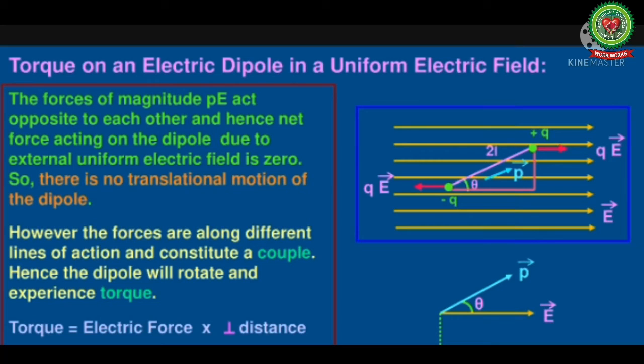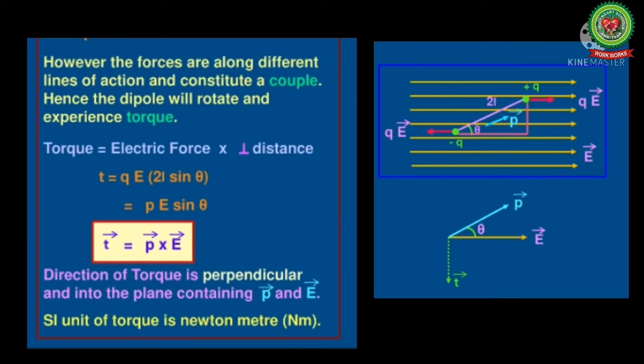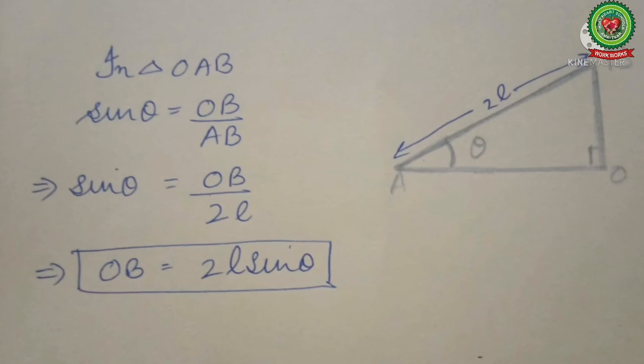Now let's see how we have got this value. Consider the triangle OAB. Now children, sine theta equal to OB over AB. So OB is equal to AB sine theta. So children, the perpendicular distance OB comes out to be 2L into sine theta.